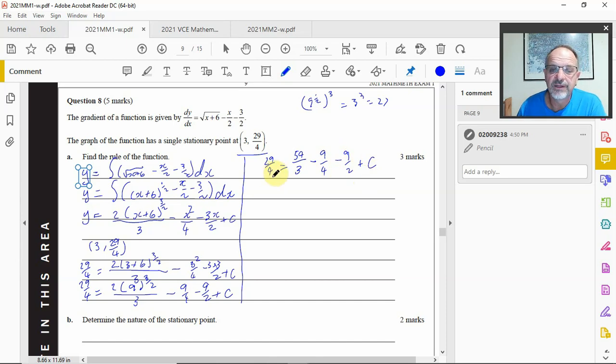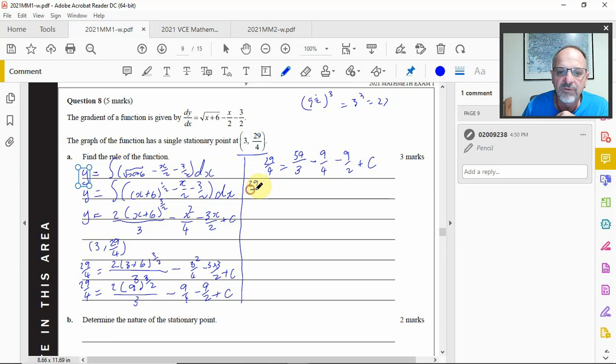And then we have a look at these. To add and subtract these fractions, we've got to use common denominators, and we've got 4, 3, 4, and 2. Isn't that nice? The only thing that each of those go into is 12, of course, but what I'll do first is move all of these things with the c over the other side.